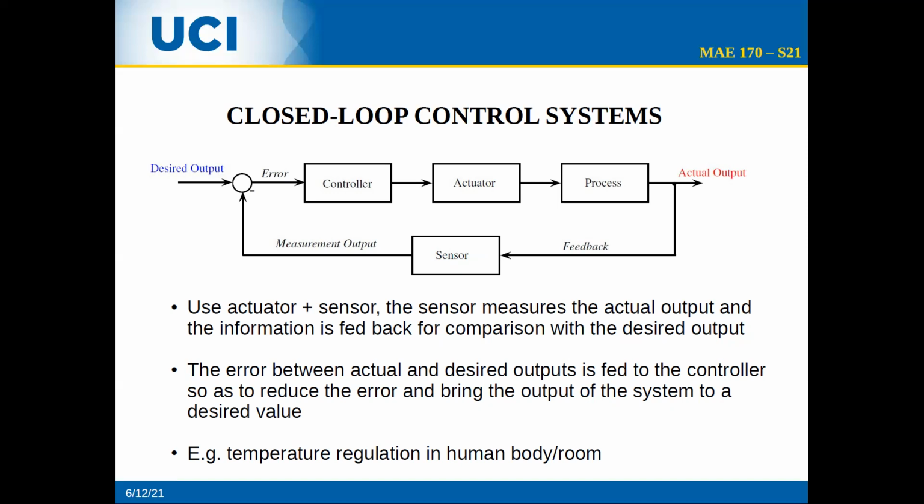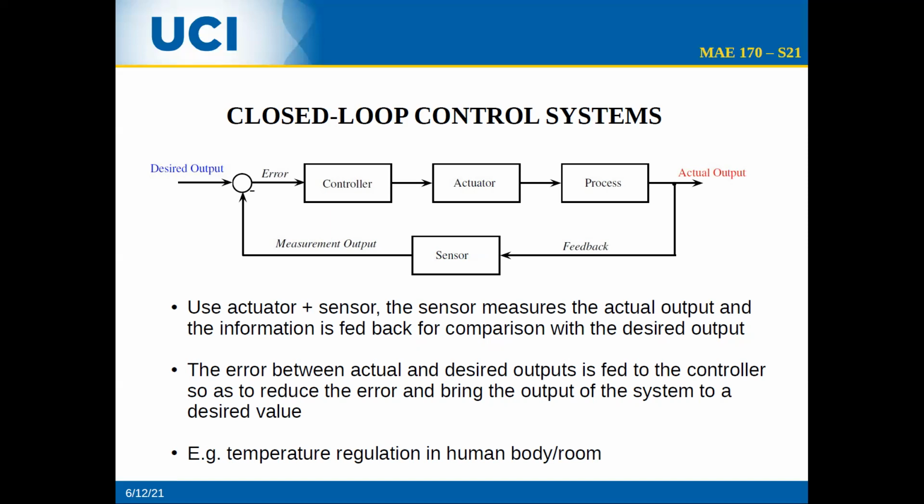However, closed loop control systems are a little bit more complicated, because they require a sensor that reads the actual output. And this actual output has to be compared to the desired output, so that the error, the difference between the desired output and the actual output, is driven to 0.